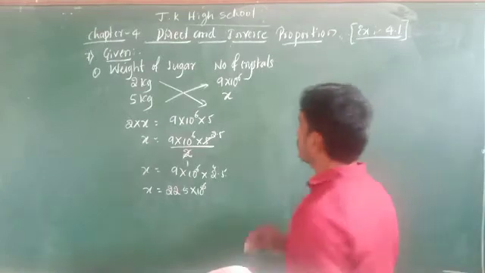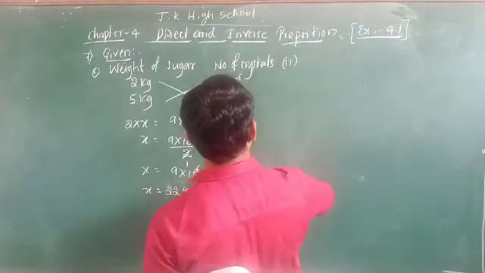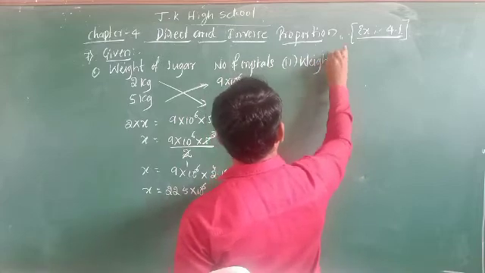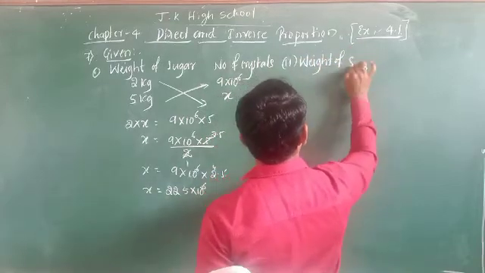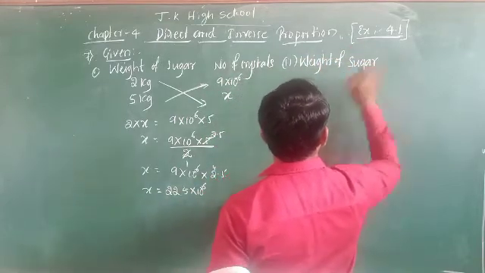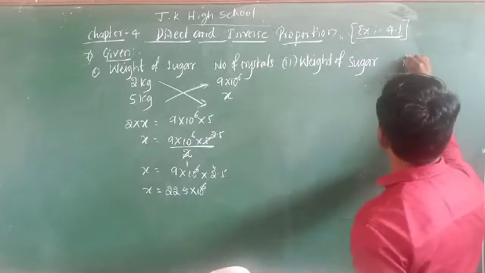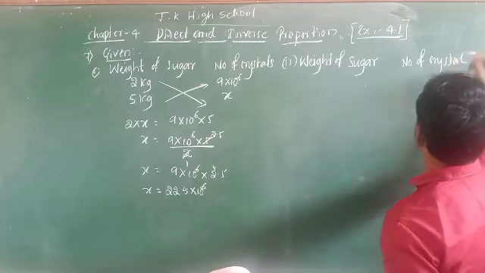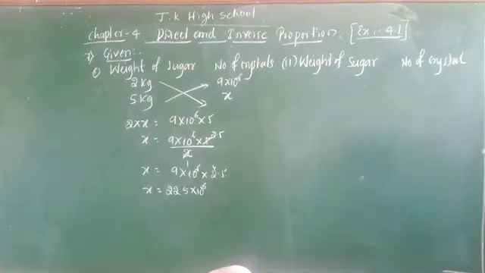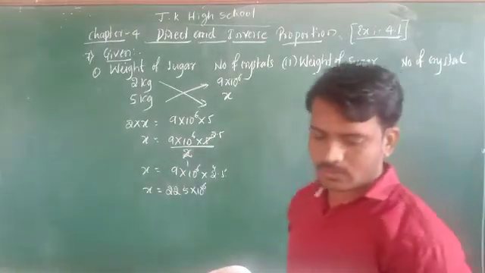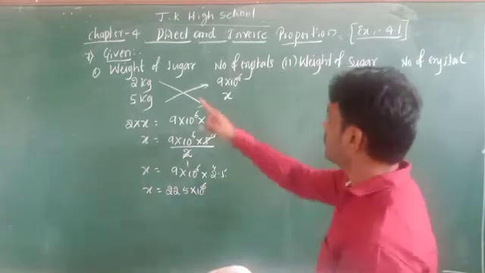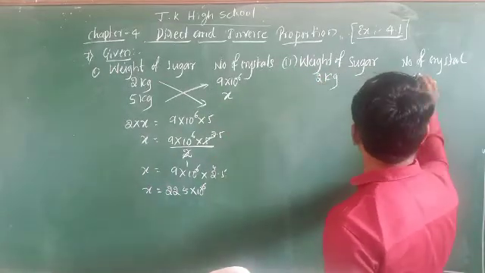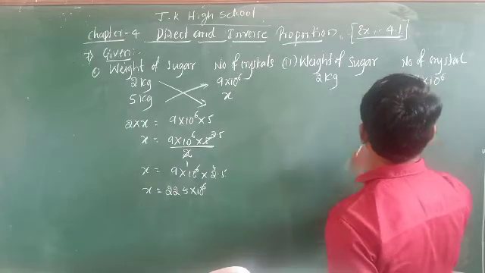Okay, let us solve the second part. Here also, weight of sugar on this side and number of crystals on this side. The sugar is 1.2 kg. First take 2 kg having 9 into 10 to the power 6.